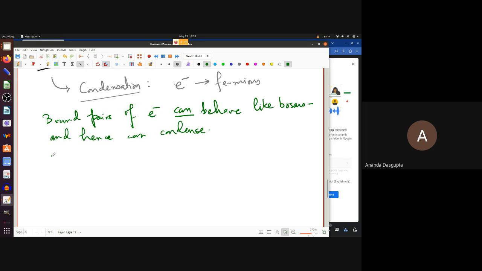That should be easy to answer. Bound pairs can form between things which attract, right? And electrons are fermions. Not only fermions, they're both negatively charged. They should repel. So this is a basic problem. Why should a bound pair be formed at all?